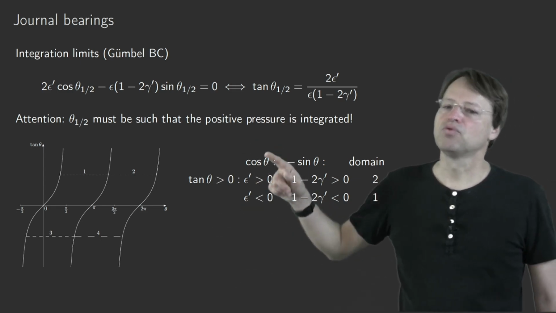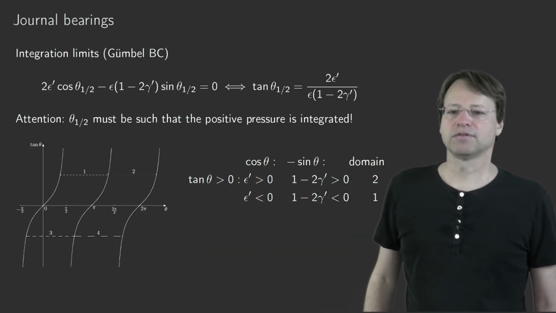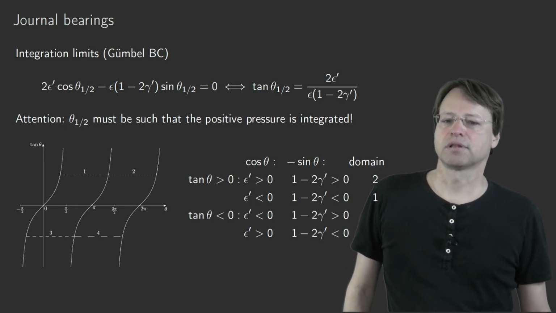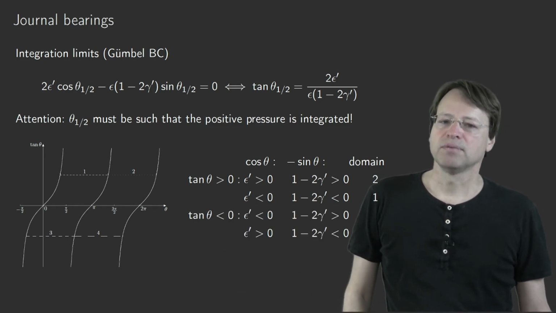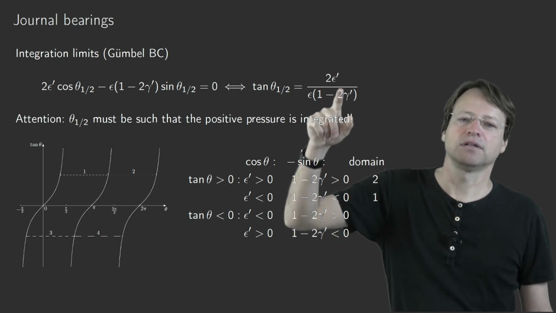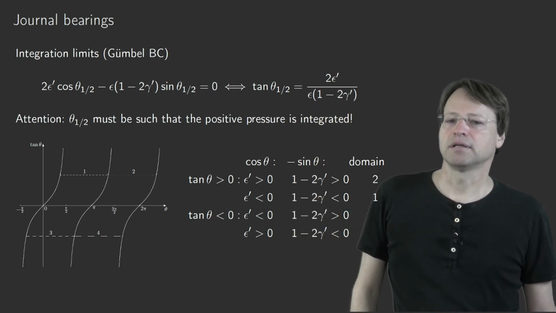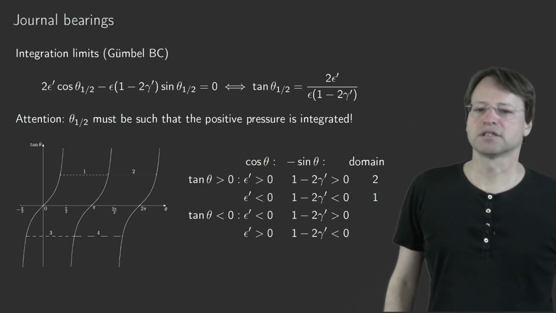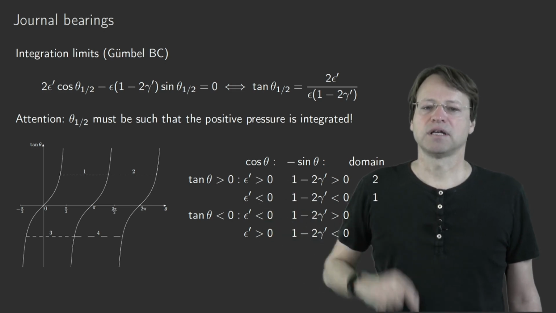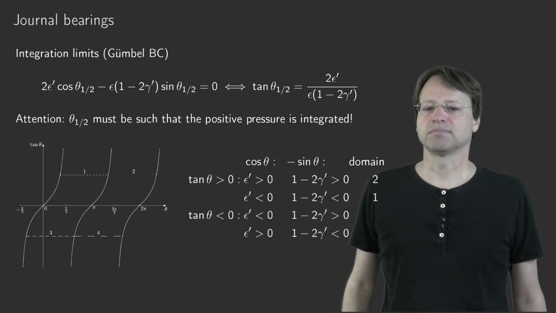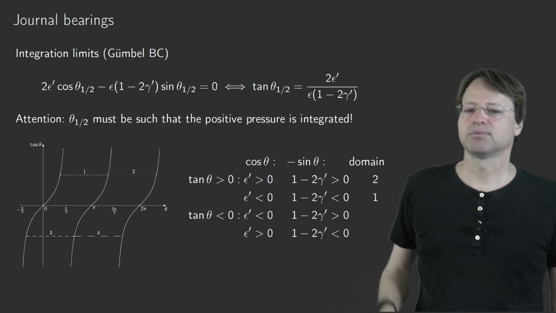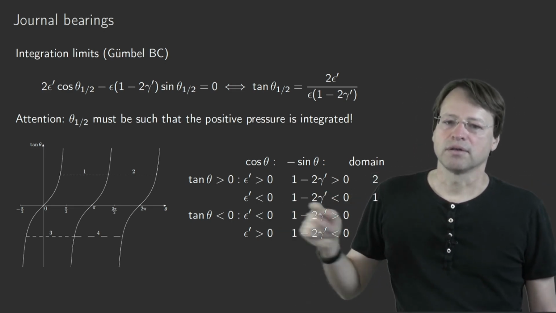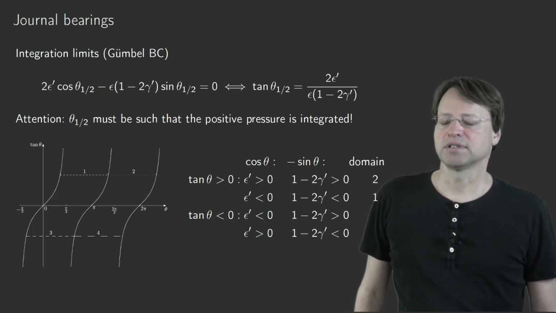Okay, let's move to the second half of that diagram, the lower half, and let's take values of tangent theta that are less than 0. Then we must have a different sign in the numerator and the denominator of the tangent theta expression. This is possible if epsilon is negative and 1 minus 2 gamma prime is positive, or epsilon is positive and 1 minus 2 gamma prime is negative. So let's look at the first case, where epsilon prime is negative.